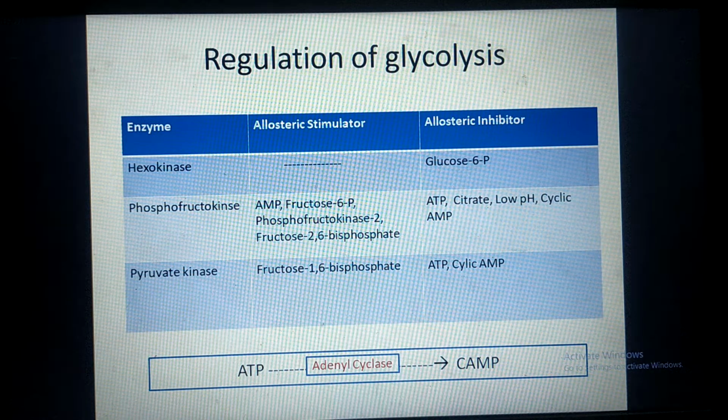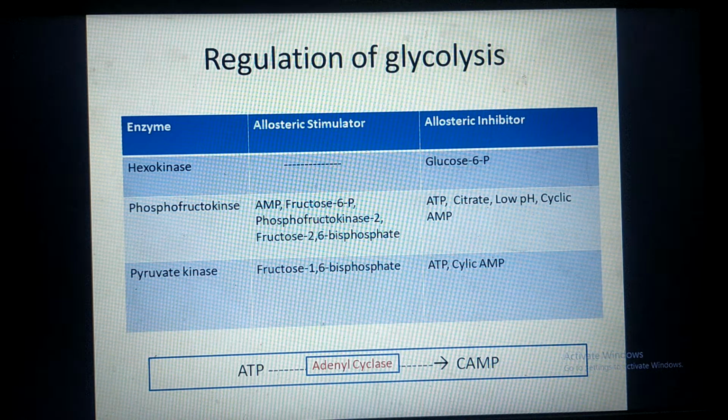Then, when various acids like citric acid, pyruvic acid, lactic acid increase inside the cytoplasm, the pH of the cytoplasmic compartment decreases, and they inhibit the enzyme phosphofructokinase.